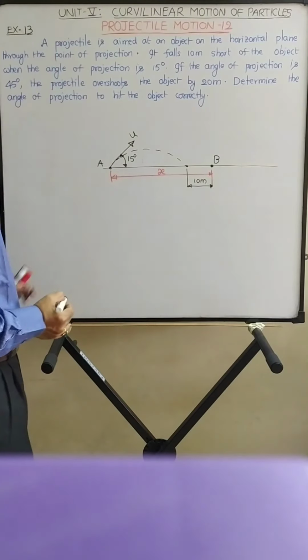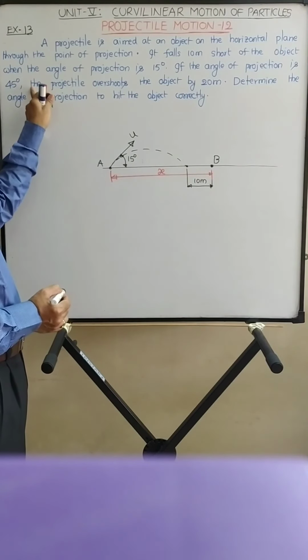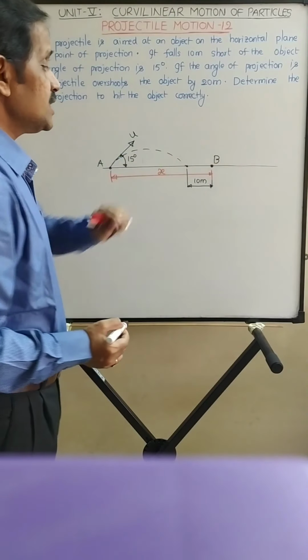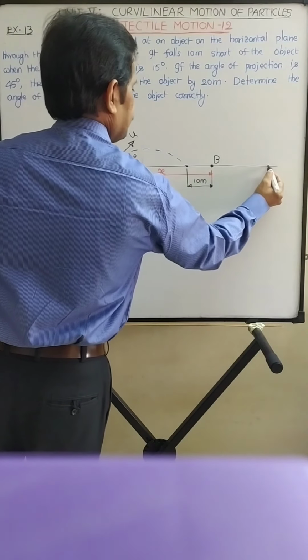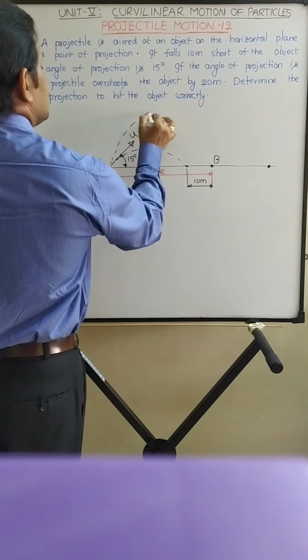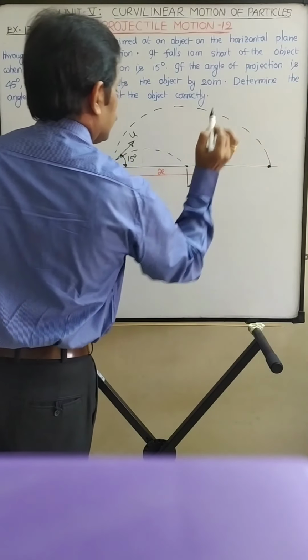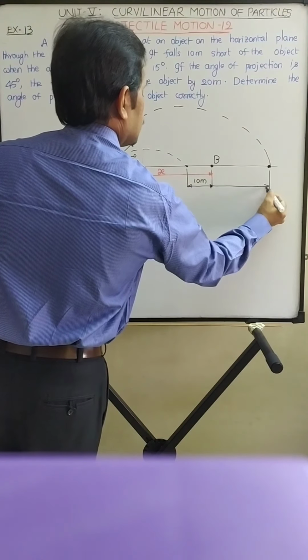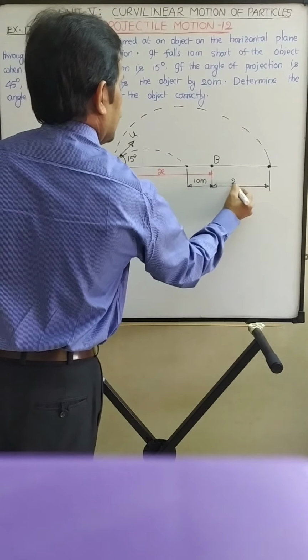Right? Now, if the angle of projection is 45 degrees, the projectile overshoots the object by 20 meters. So when it is 45 degrees, it overshoots the object by 20 meters.